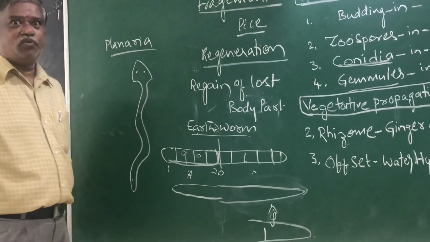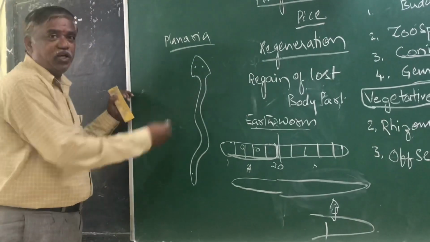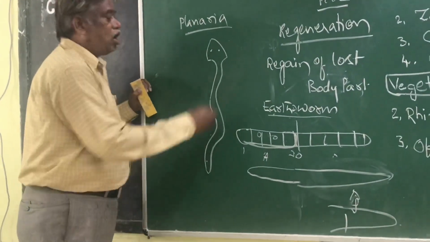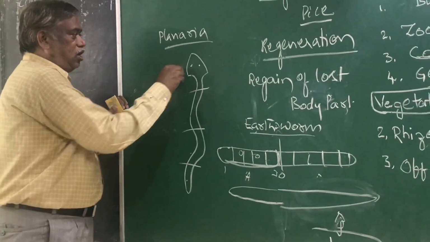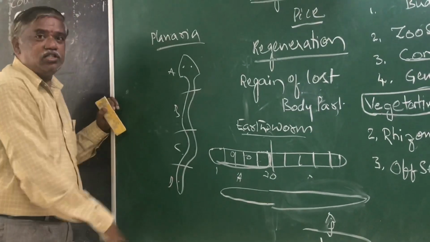But in the case of planaria, it is very terrific and wonderful. Just listen. Now, what is the name of the animal? Planaria. Now, count it. How many pieces? 4 pieces: A, B, C, D. Here the regeneration involves the entire body.